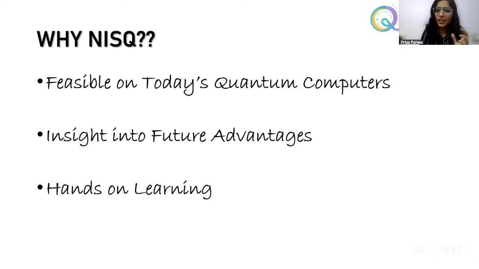And then there's hands-on learning. We can simulate, we can run, and we can get good hands-on experience with this. For example, quantum machine learning is quite prevalent these days, and they are coming up with various quantum kernels and other models. So this is the kind of exposure it provides.